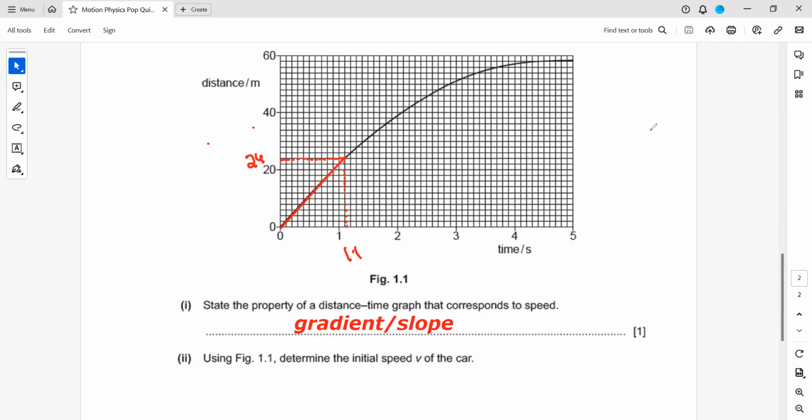So it will be 24 divided by 1.1. Sorry, not 2.4, by mistake, it's 24. So 24 divided by 1.1 equals 21.8 meters per second.